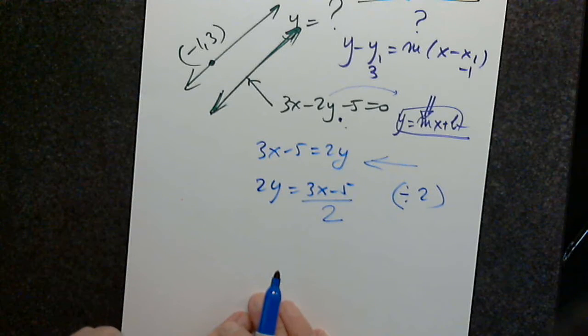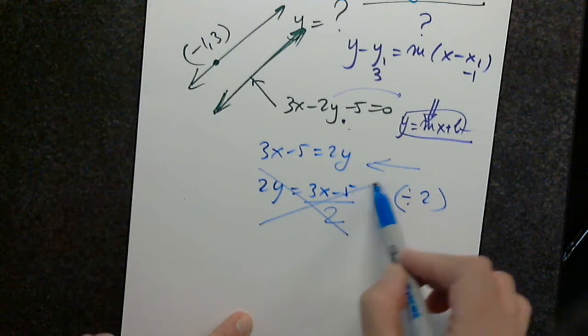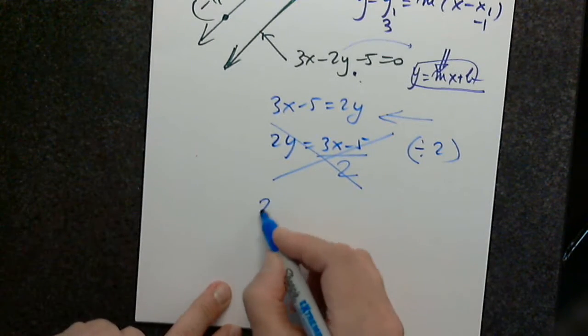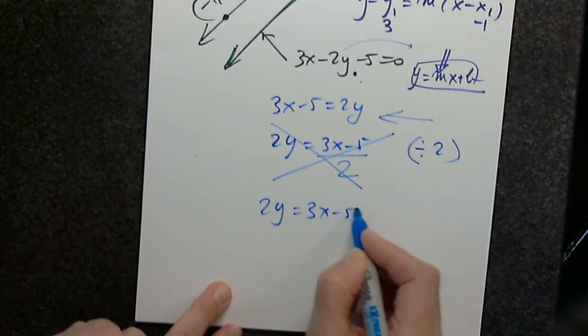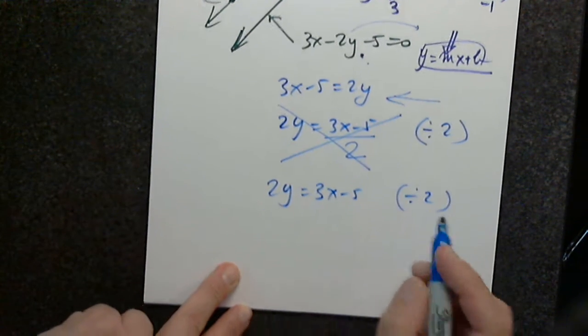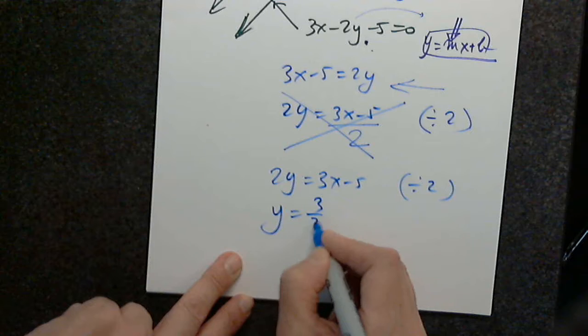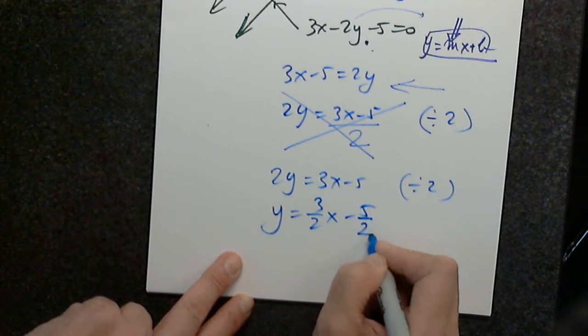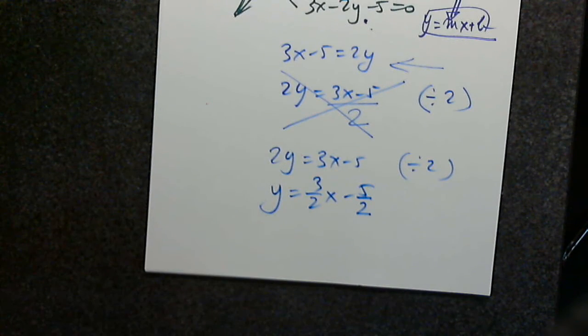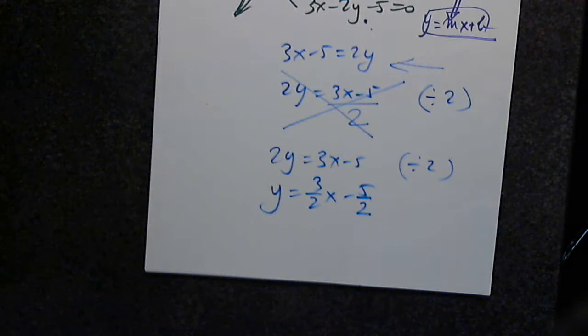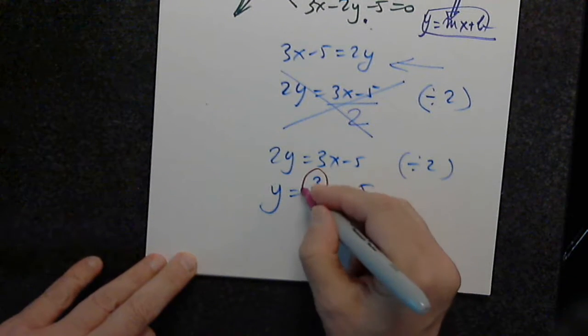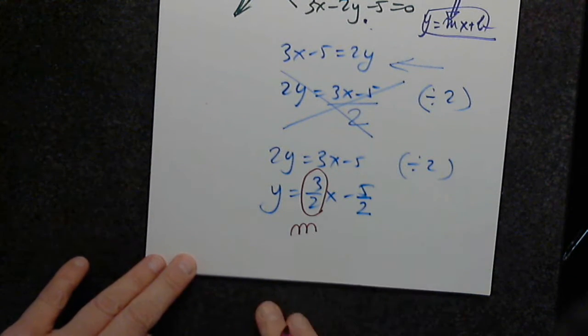This is not going to help. So please do not do this. So we have 2y equals 3x minus 5. When you divide both sides by 2, you have to write this. So you are dividing each and every term by 2. Dividing each and every term by 2 gives you the number in front of x, which is indeed the slope.